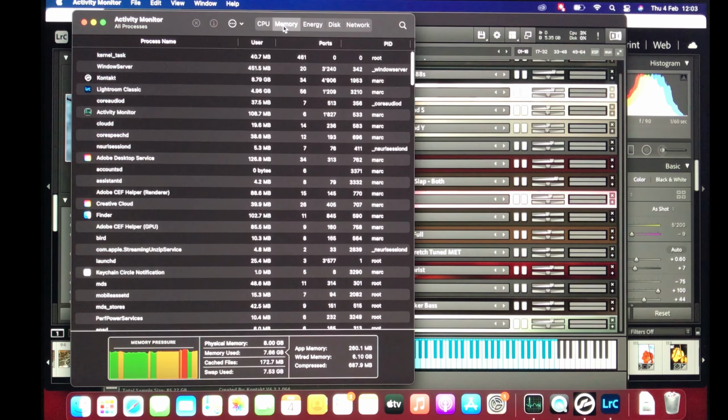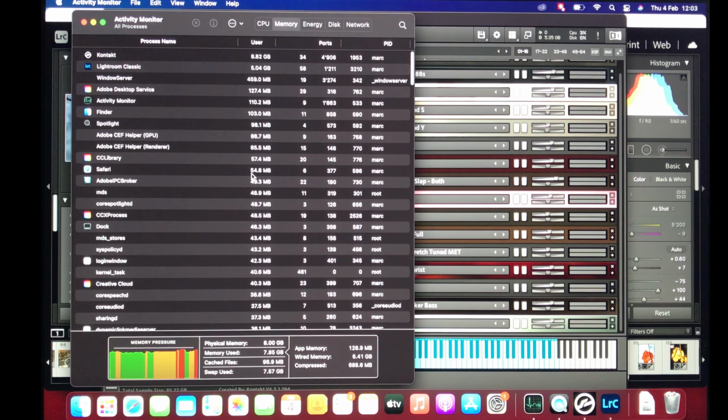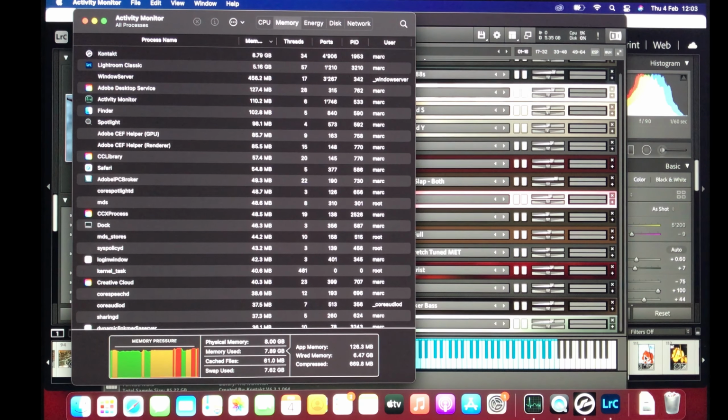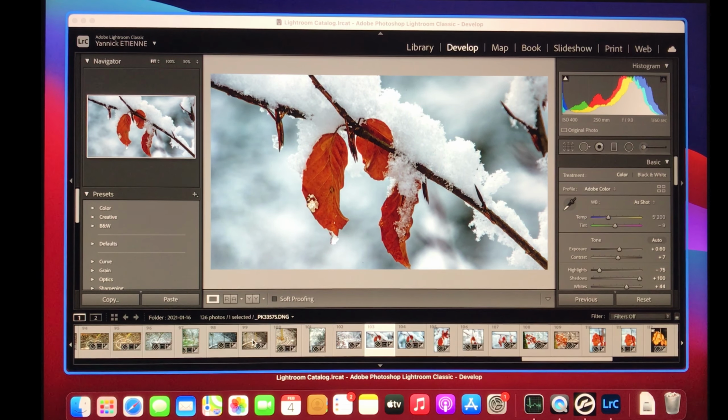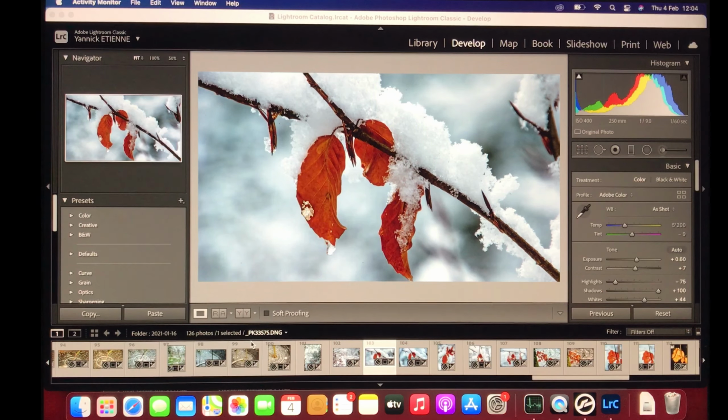Let's see if now, probably it has swapped in the activity monitor, so it's kind of reactive now, but we get red memory pressure. So let's see if I can go to Lightroom, and you see no reaction. So probably now, yes. So let's see how Lightroom is reacting.